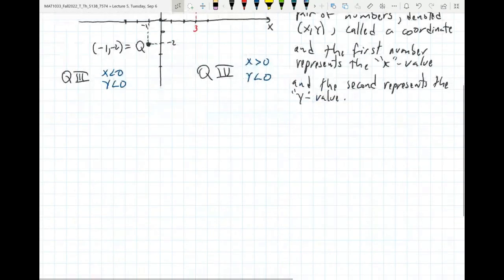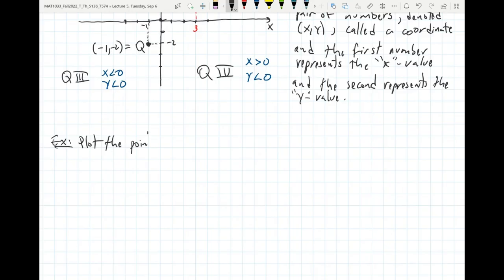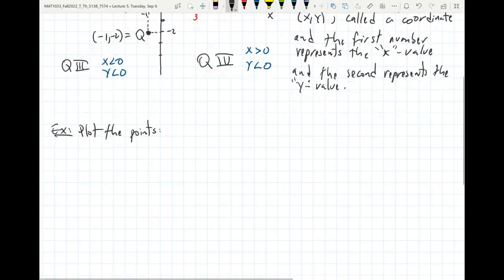No? Okay, so then let's do a couple of examples just to get more familiar with this. I'm going to give you some points and I want you to plot them. So, example, plot the points. Let's say point A is going to be (-2, 1).